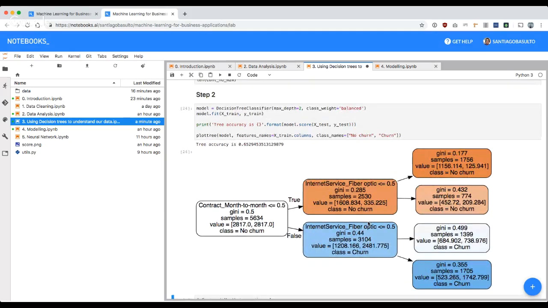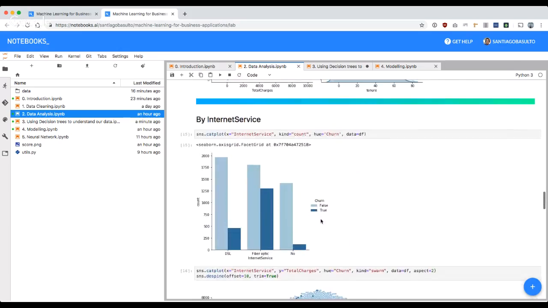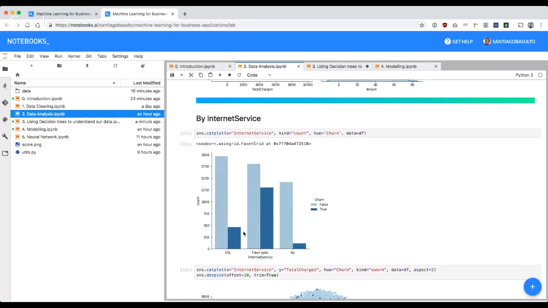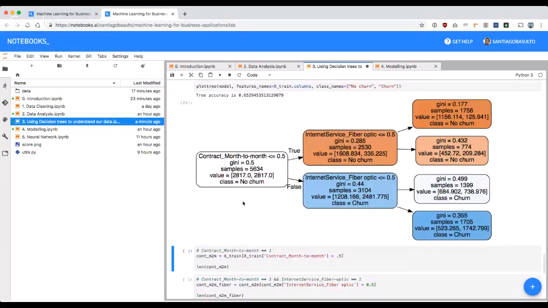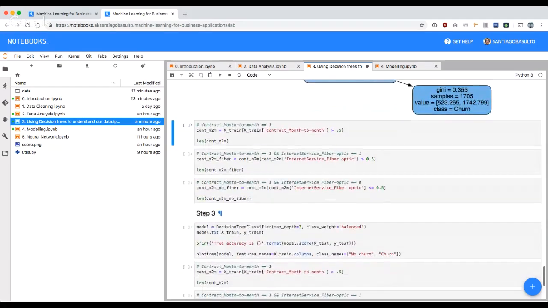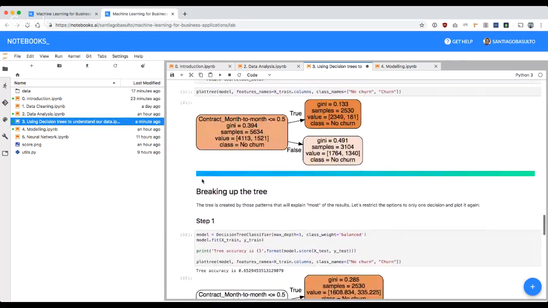Remember, related to our analysis, we found that the fiber optic characteristic was very important in order to predict churn. And it's something that the decision tree is confirming. If fiber optic is greater than something, it's going to make it more likely that the customer is going to leave. So again, this decision tree is not used by itself to predict things.